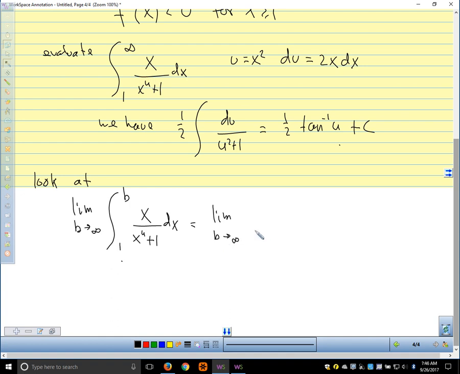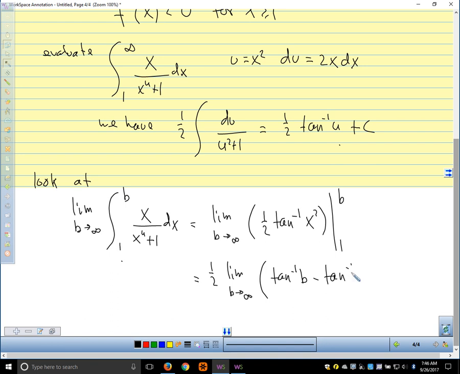All right, so we have the limit as b approaches infinity of 1/2 the inverse tangent of x squared, and we're evaluating that from 1 to b. So this is 1/2 the limit as b approaches infinity, a part that most students don't like, of the inverse tangent of b minus the inverse tangent of 1.